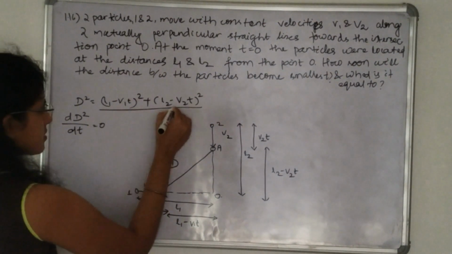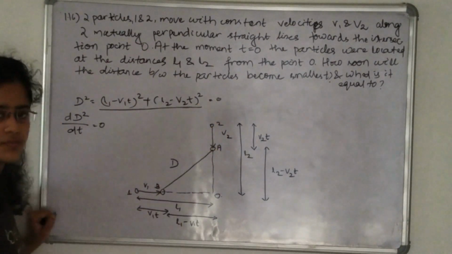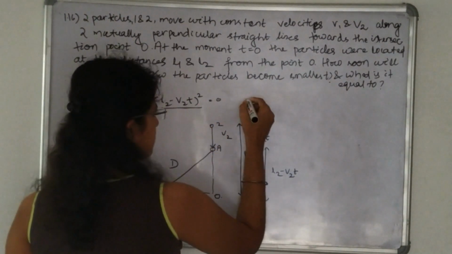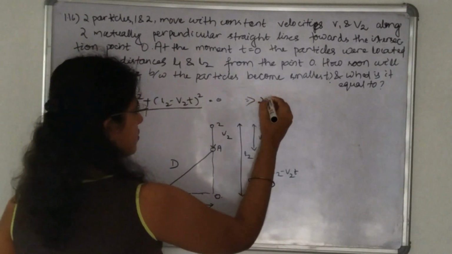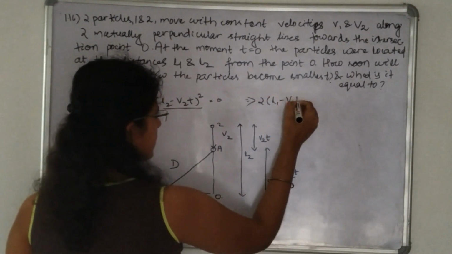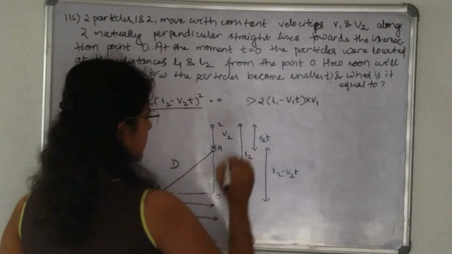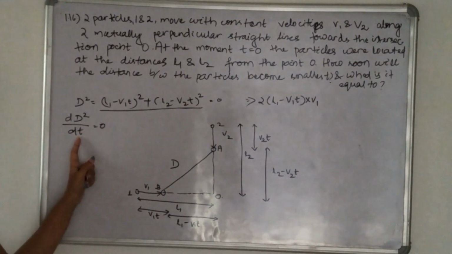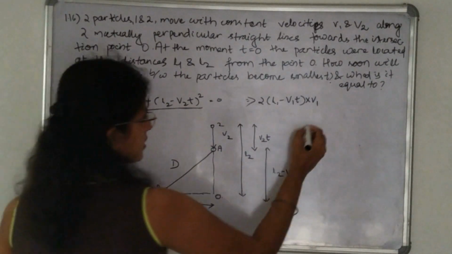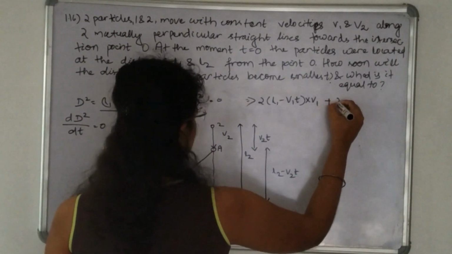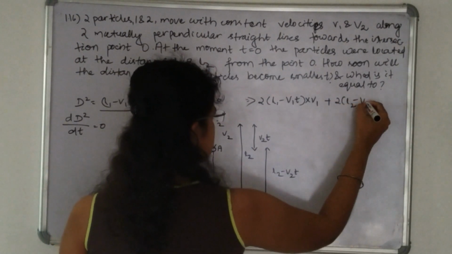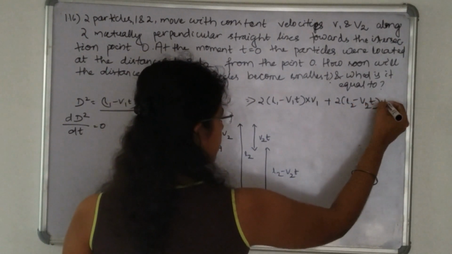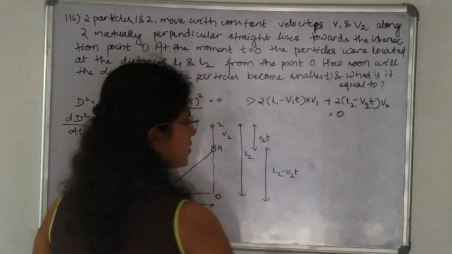So the differentiation of this has to be equal to 0. So this implies 2 into (L1 minus v1t) into v1, that is, we are differentiating this with respect to time, plus 2 into (L2 minus v2t) into v2, this has to be 0.